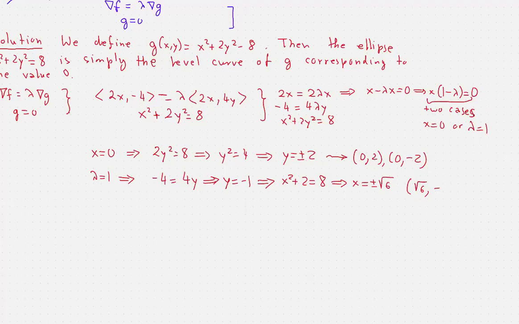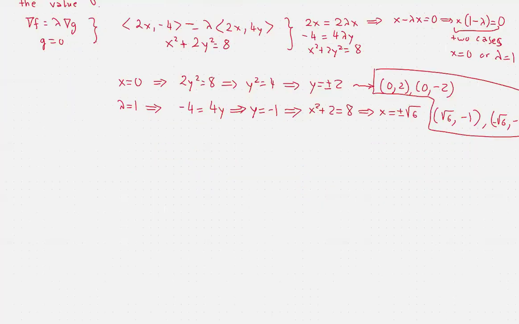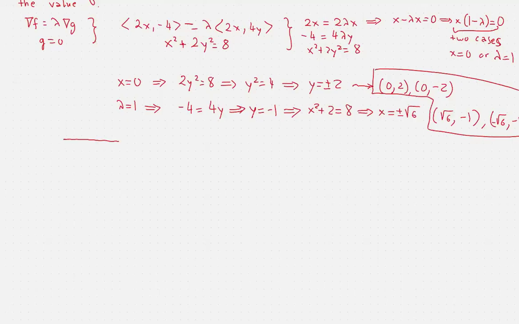So we narrowed down the minima and maxima, which have to exist since an ellipse is a compact set, onto those 4 points. And what we do now is we simply form a table, since we know that these are the only possibilities, and we evaluate our objective function on those points.